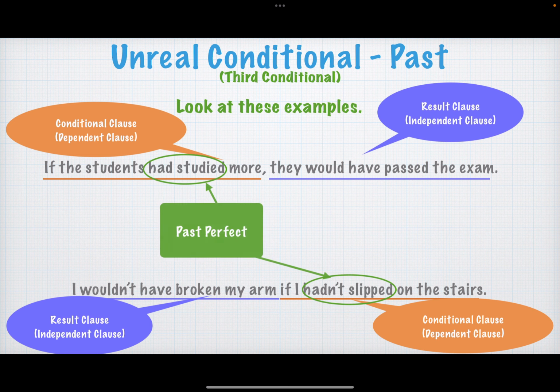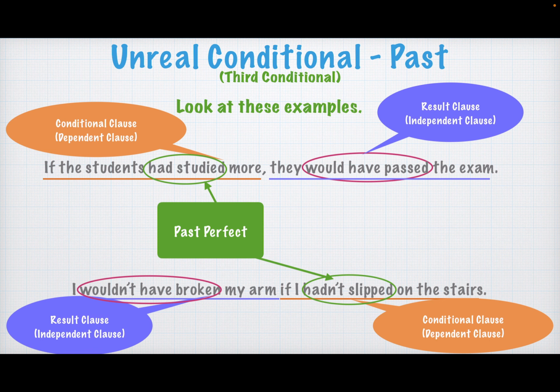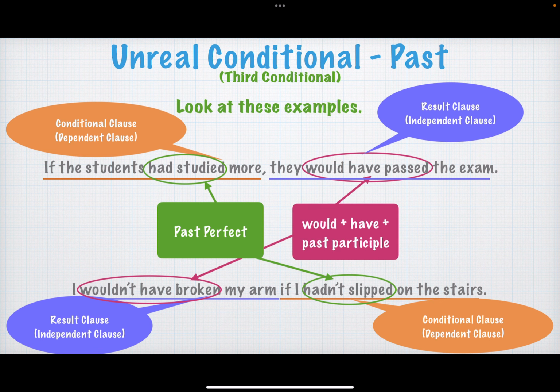You'll notice that they both use past perfect to express the unreal conditional for the past. And then in the result clause, would have passed and wouldn't have broken. Both of these use would plus have plus the past participle of the verb in the result clause.